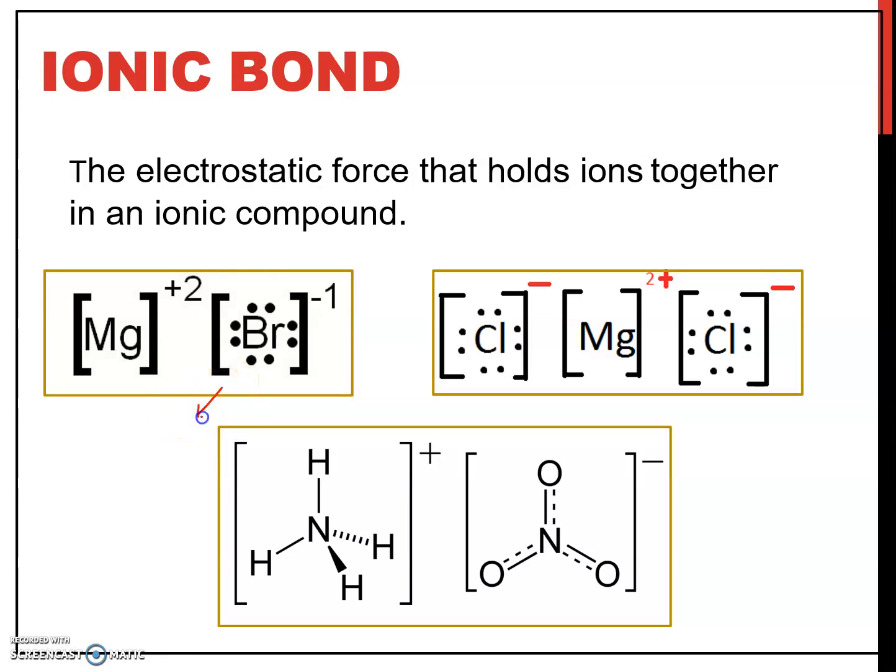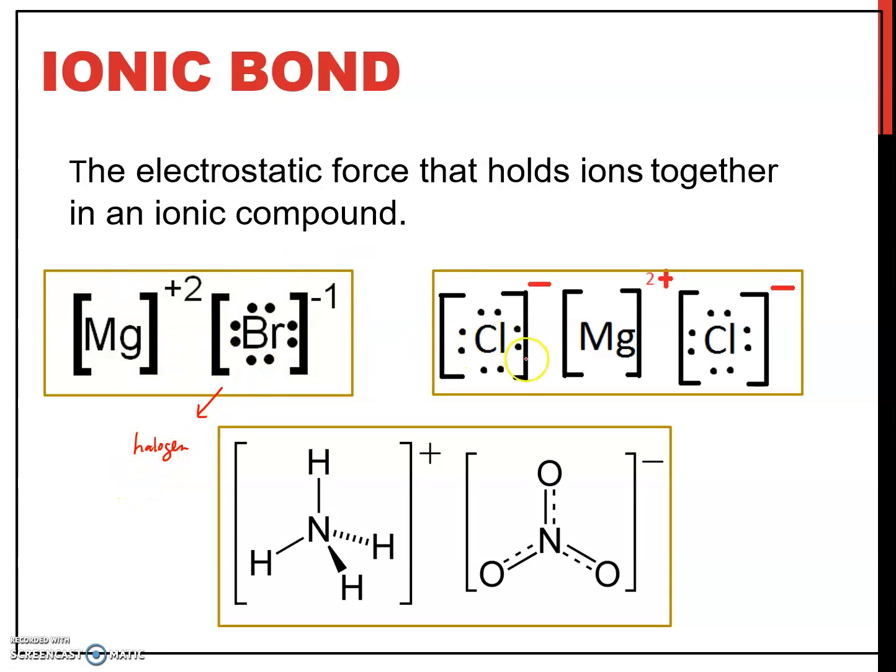For example, bromine comes from group 17, the halogen group, so it easily attracts electrons.